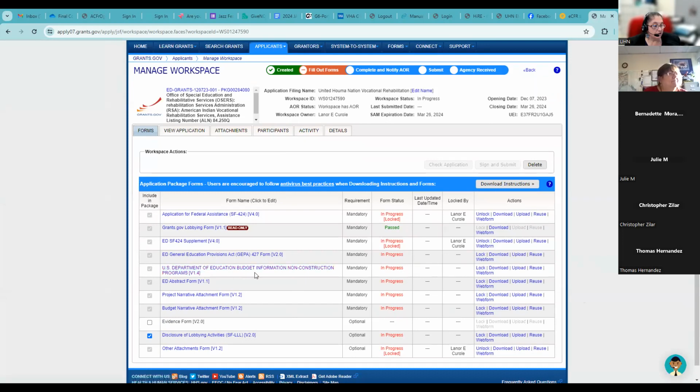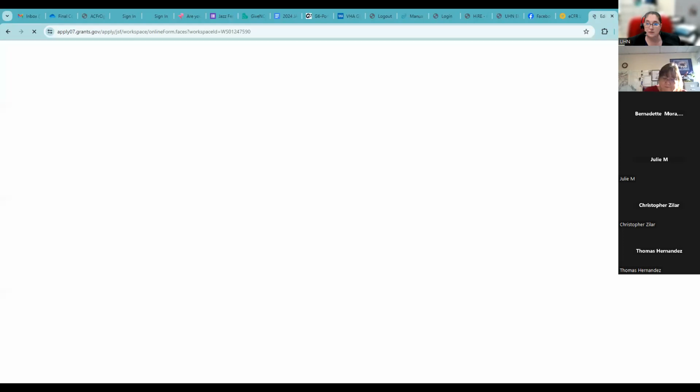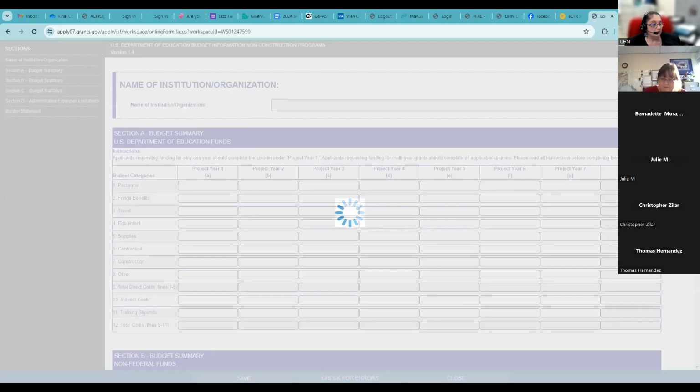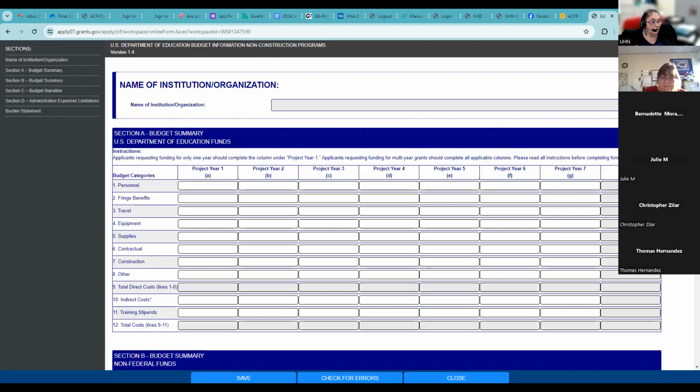The U.S. Department of Education Budget Information Non-Construction Program is the meat and potatoes of your grant. So you will fill in the name of your institution, organization, these main budget category items.